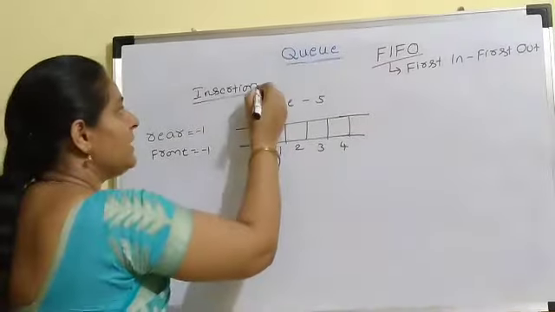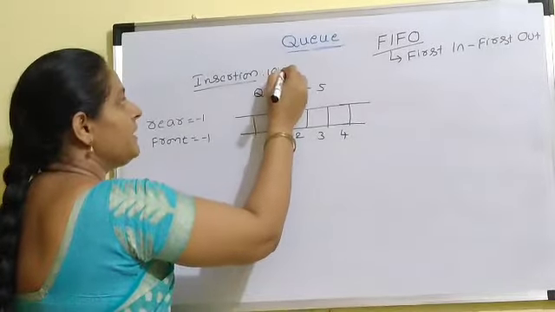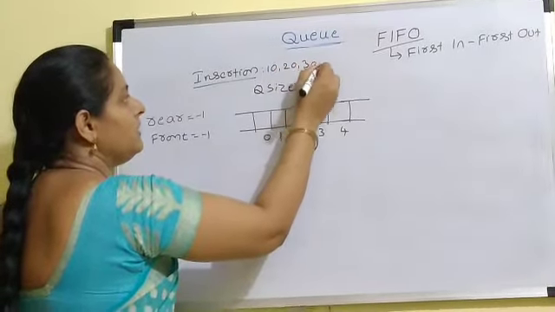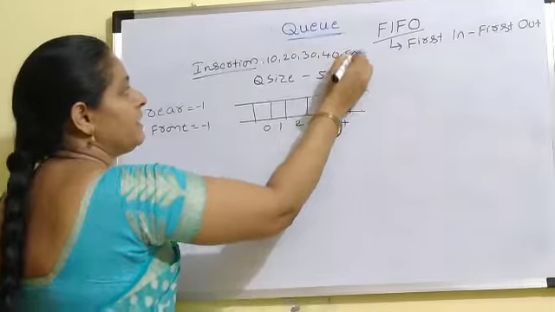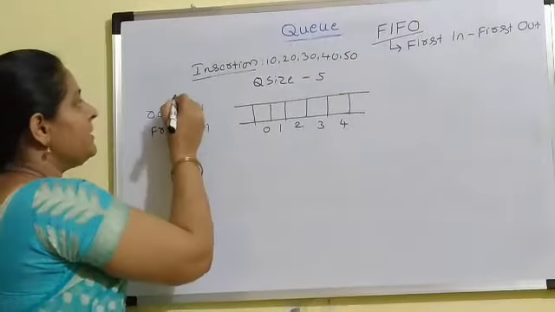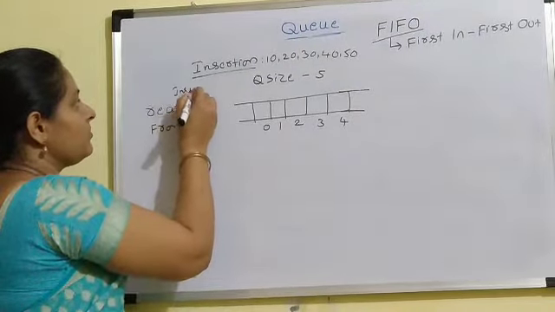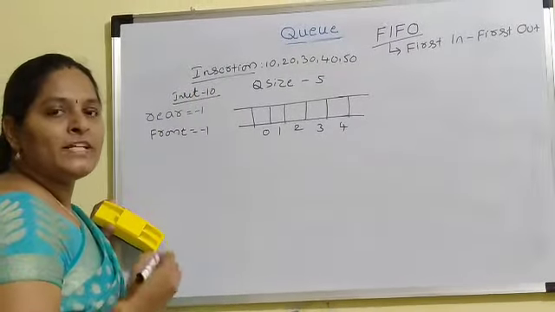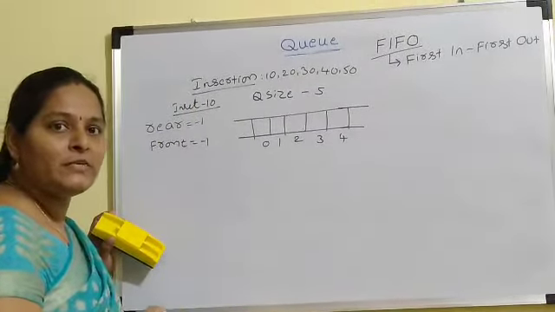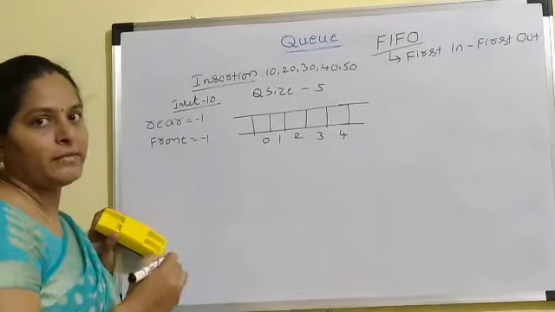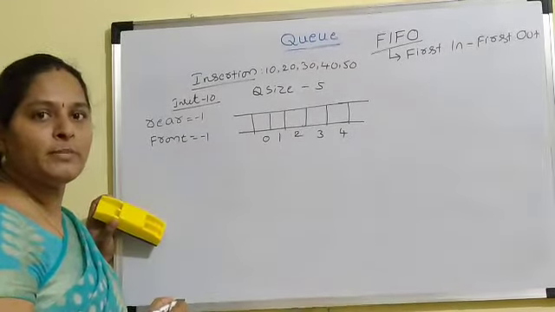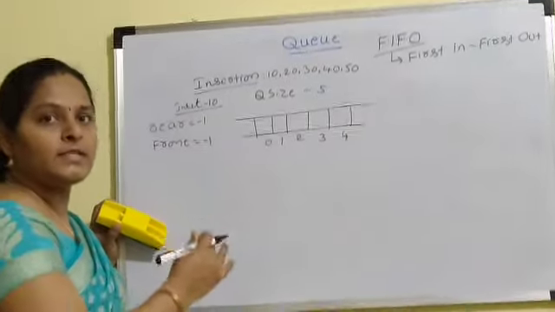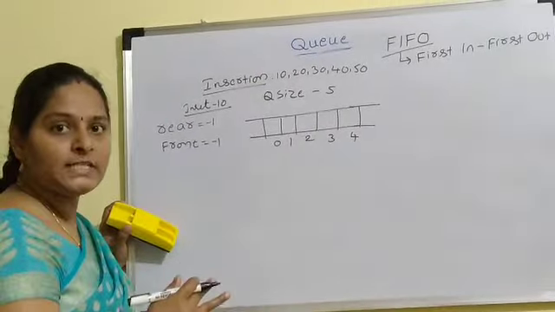Now we are performing the insertion operation. Just assume that I want to insert 10, 20, 30, 40 and 50. First try to insert 10. From which end can we insert 10? From the rear end. So increment the rear pointer by 1, then insert the element wherever the rear pointer is pointing.